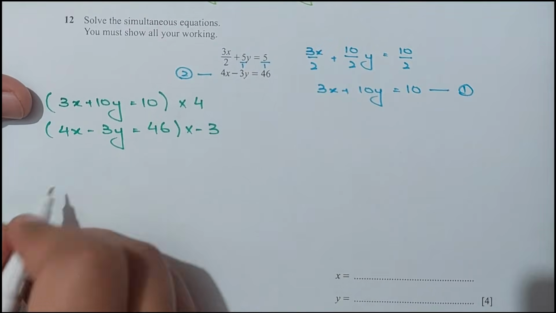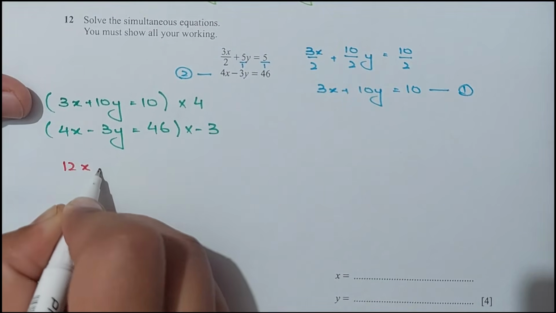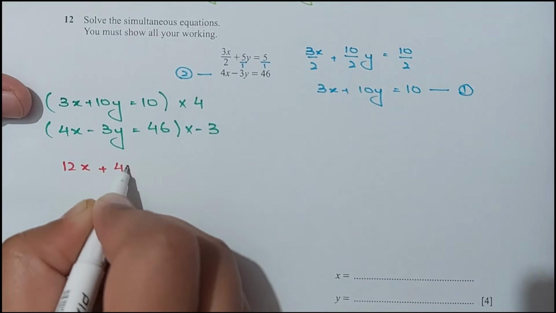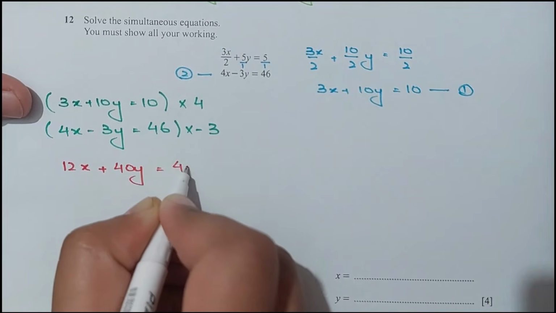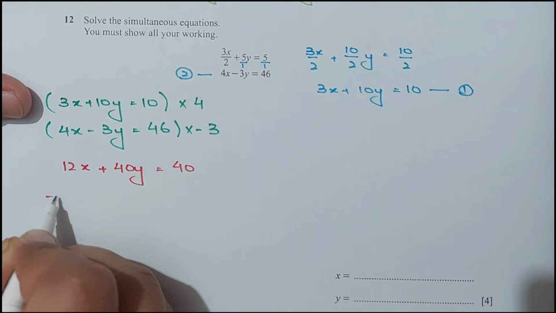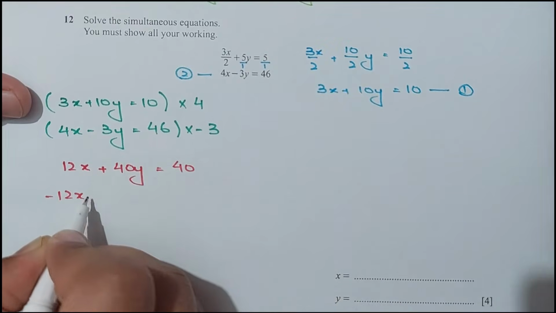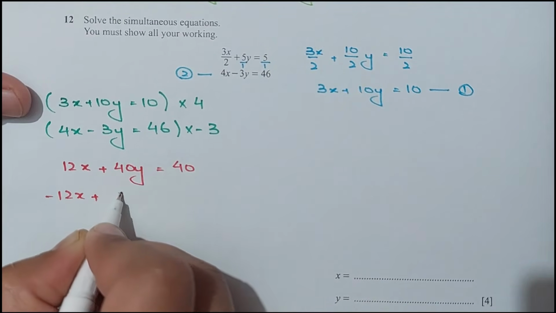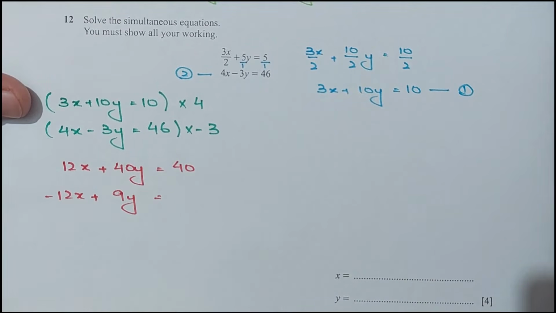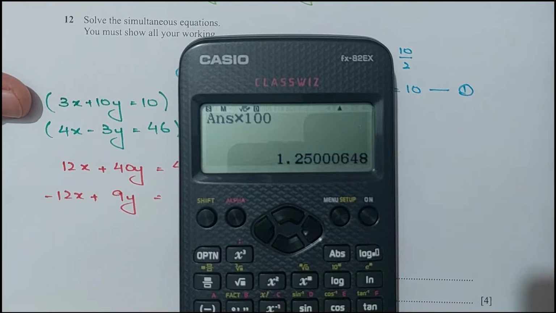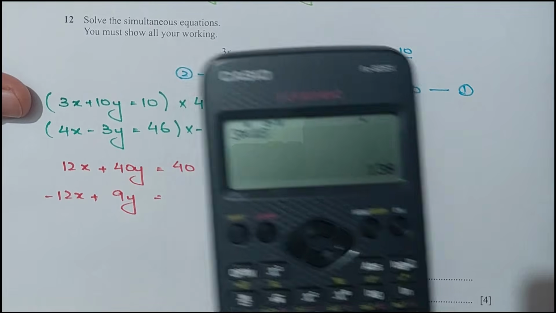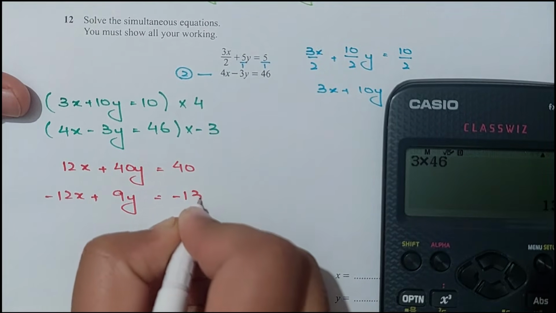So 3 times 4 is 12x plus 10 times 4 is 40y equals 40. 4 times 3 is negative 12x. Negative times negative is positive. 3 times 3 is 9y. And what is 3 times 46? 3 times 46 is 138, negative 138.